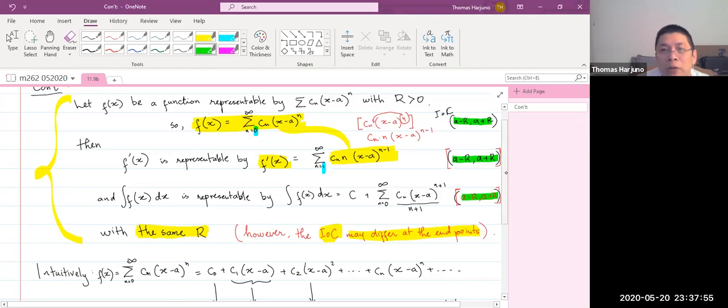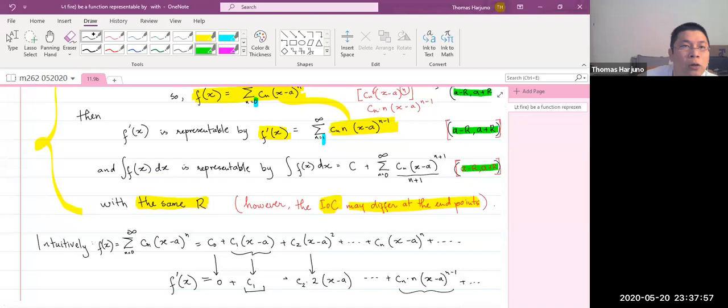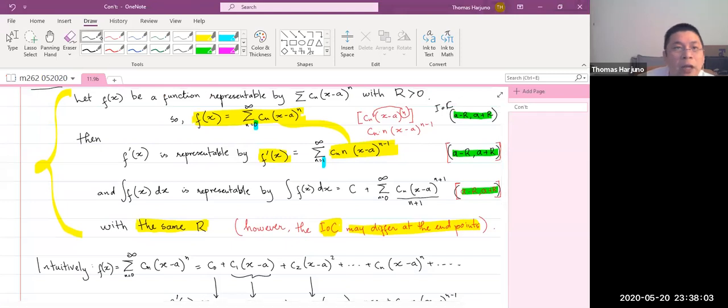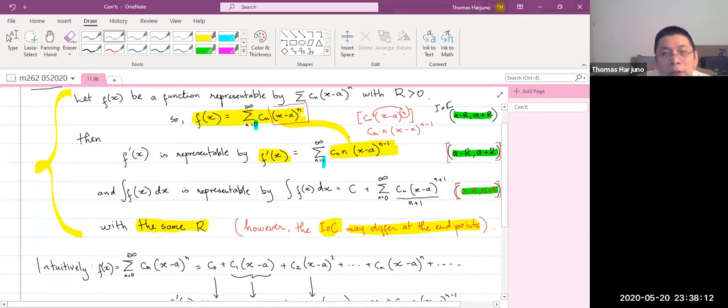Now as for the integral, when we integrate that series, we integrate it term by term again.